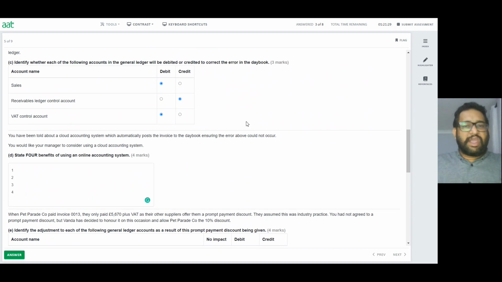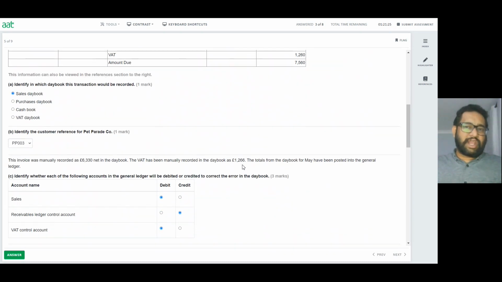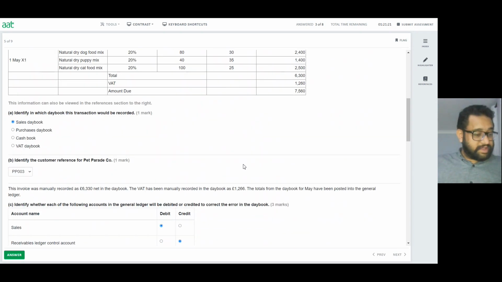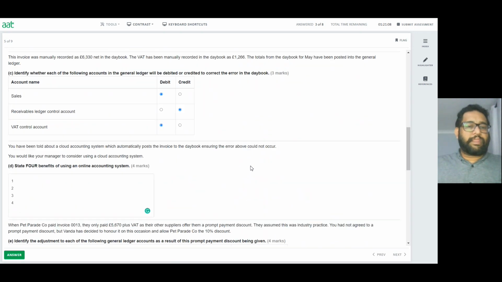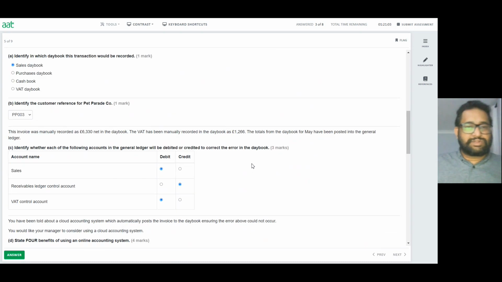If you look at the original amount of the invoice, it's £6,300. The whole, sorry, 7,560. That is the whole of the invoice balance. 7,560 multiplied by 10%, the invoice will be having £756 discount.